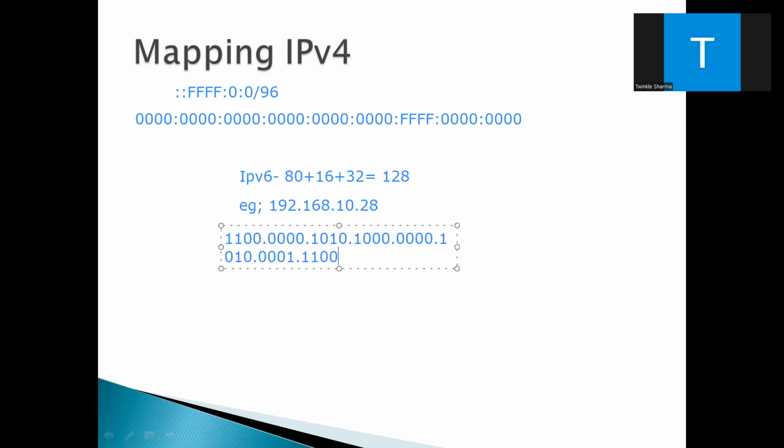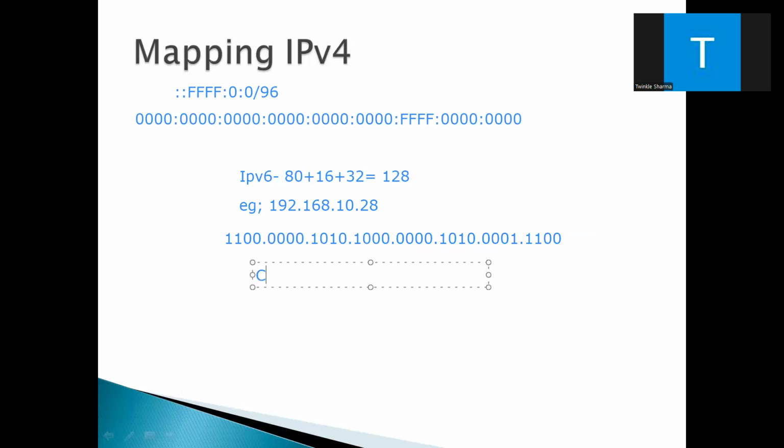Okay, then I have to write in IPv6 form, meaning hexadecimal form: C0AB 0A1C, right? Then we write it like C0AB:0A1C.